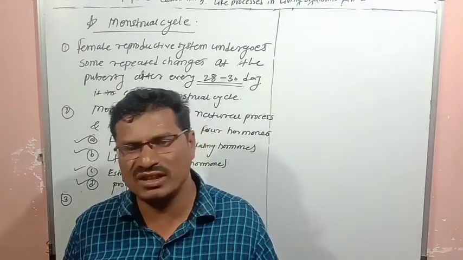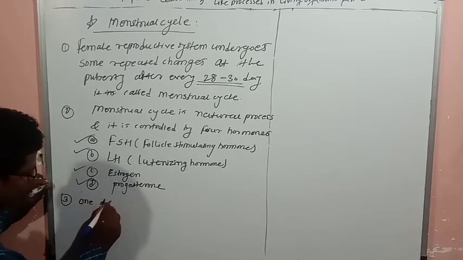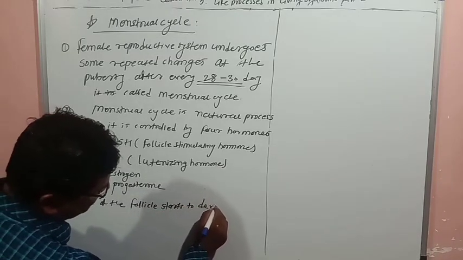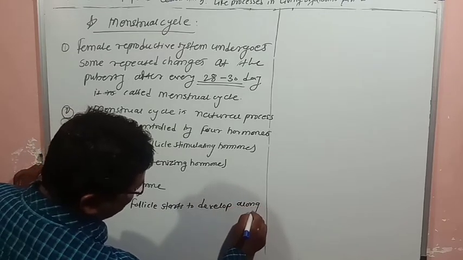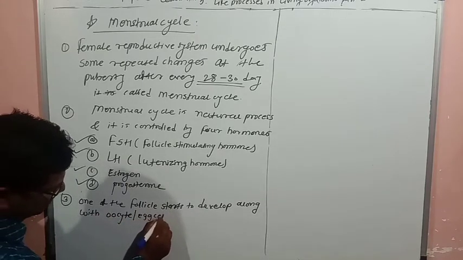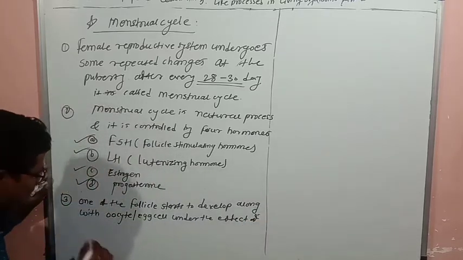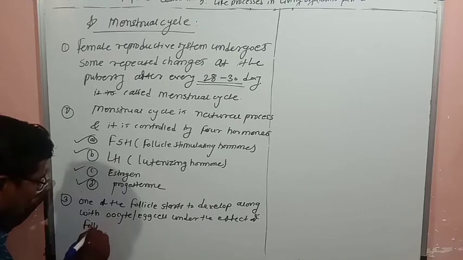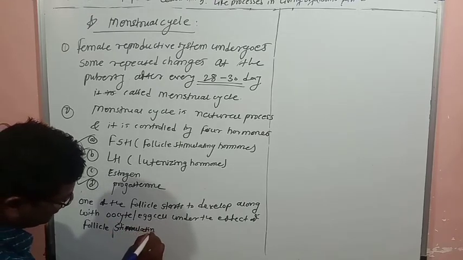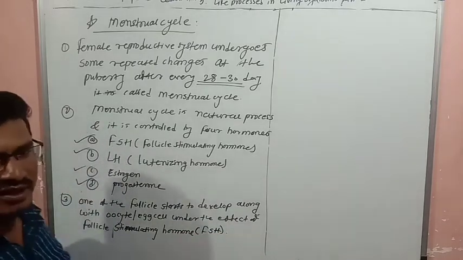One of the follicles in the ovary starts to develop along with the oocyte, or egg cell, under the effect of follicle stimulating hormone, or FSH.